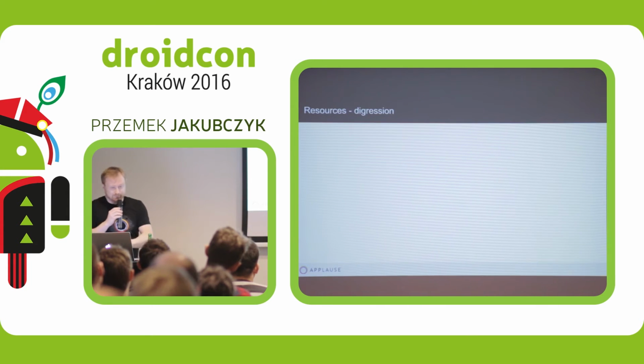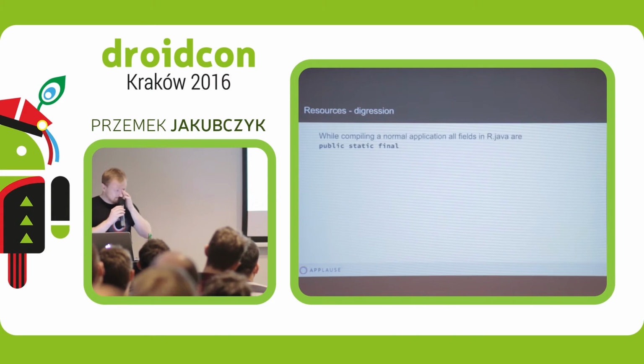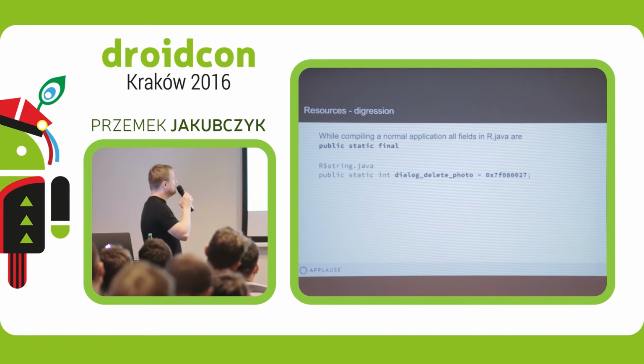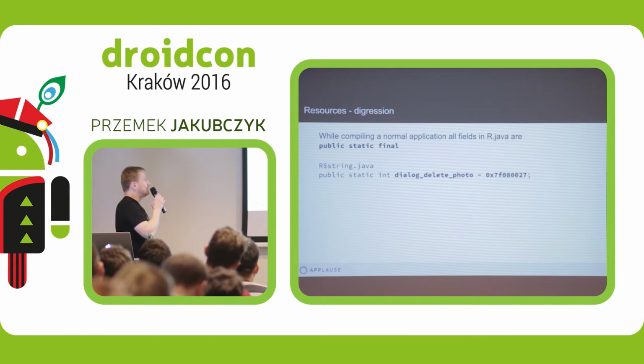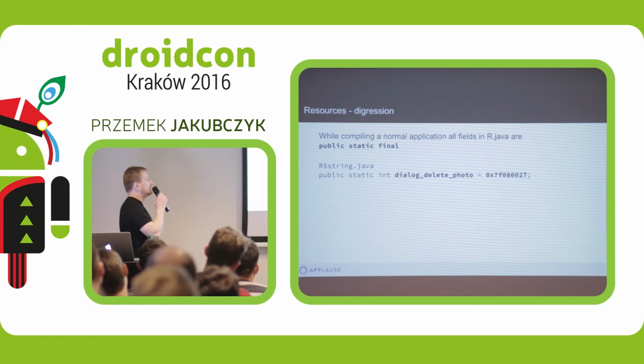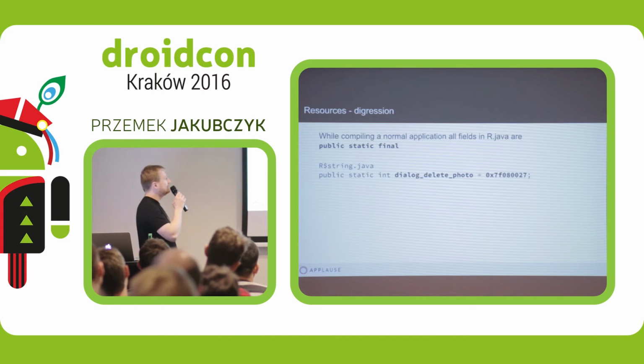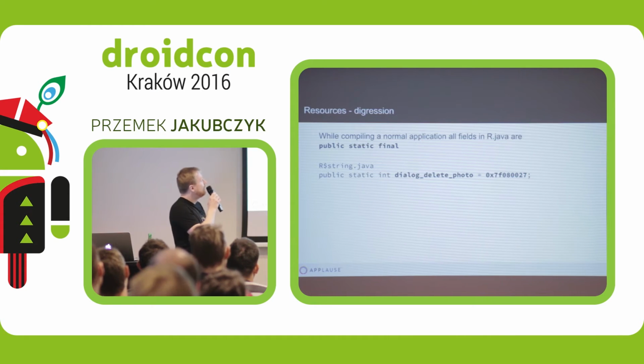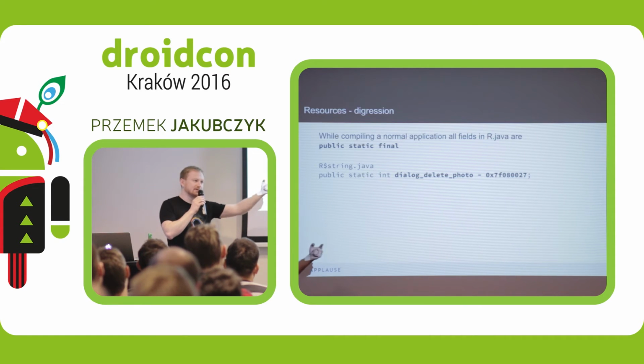So about the resources, there's one digression. Normally when you have R Java, you have public static final int. It means that it's a constant. So when the compiler checks and sees this is a constant, it doesn't need to do another jump in registries to get some other resource, so it can skip one point.